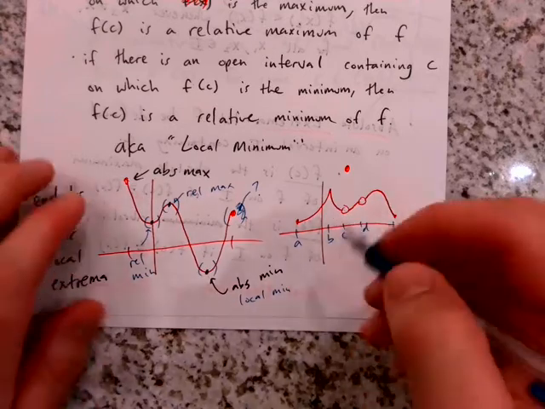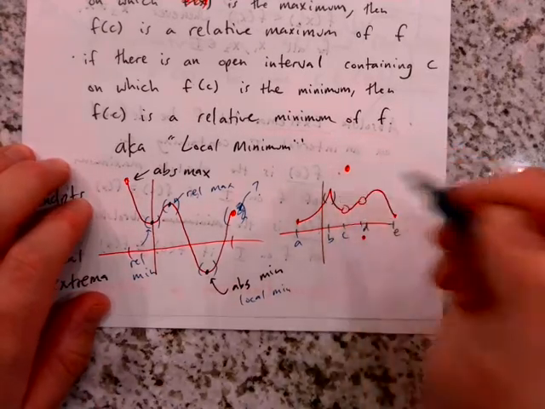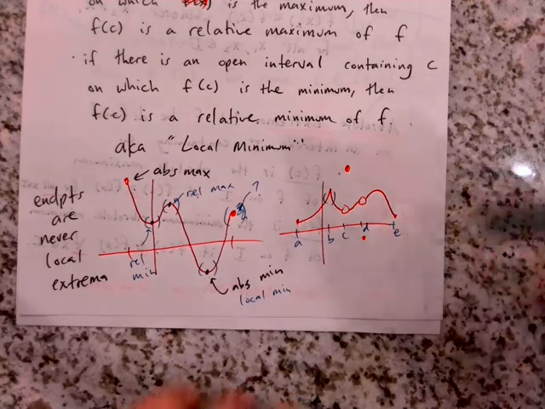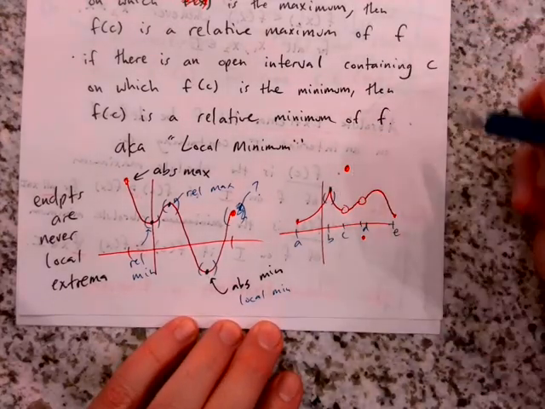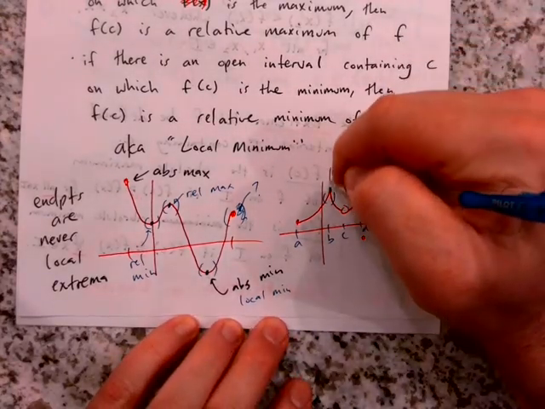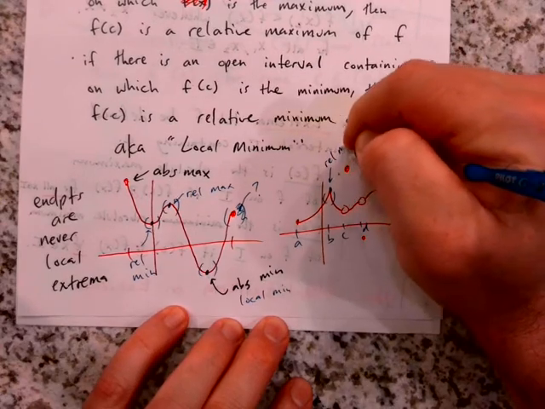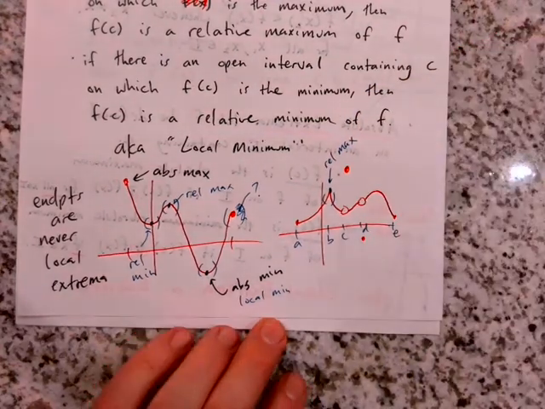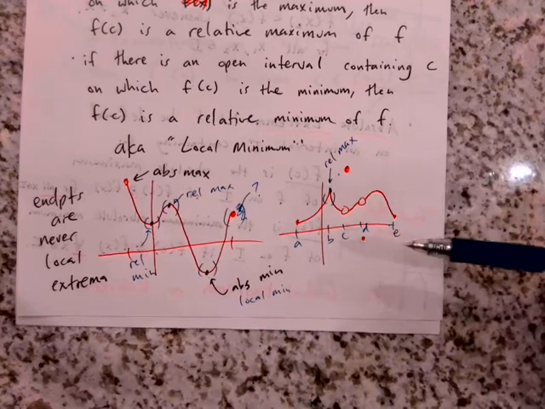B, if we look at an open interval around that point, this is the highest point, which makes that a relative max. It's not the absolute max because that point's higher.